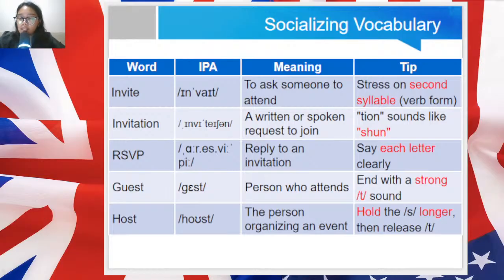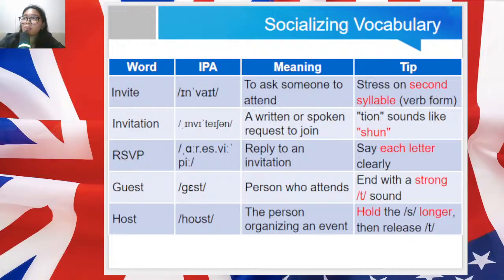What do we have here? Let's look at the IPA transcription.